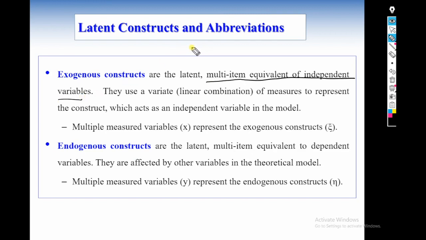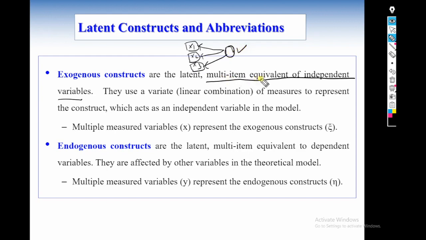So here, like x1, x2, x3, and this is our construct. These are the independent variables, and the combination of these is known as the exogenous construct.